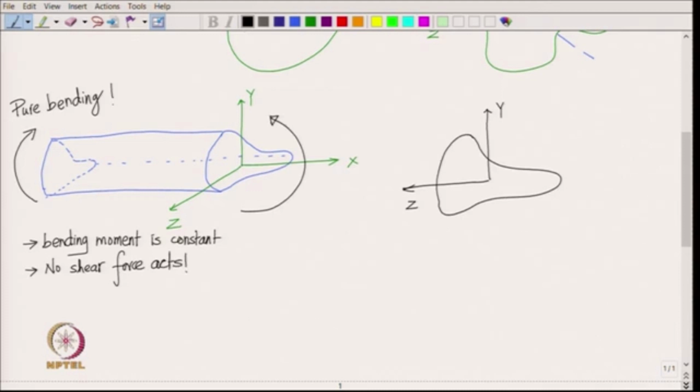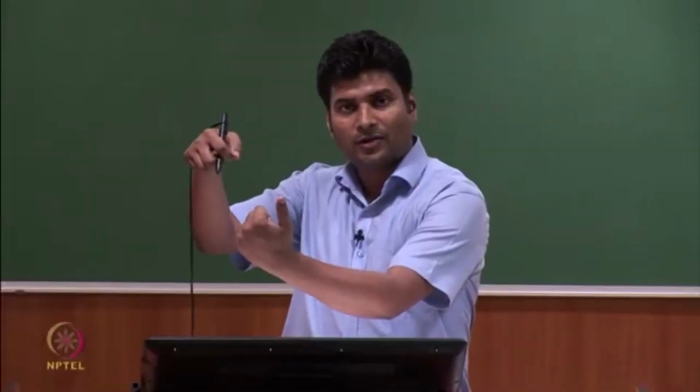Now, as I told you, the direction of the neutral axis is an unknown now. So, let us suppose that is my neutral axis, and the beam is bending about this axis, the tilted axis.